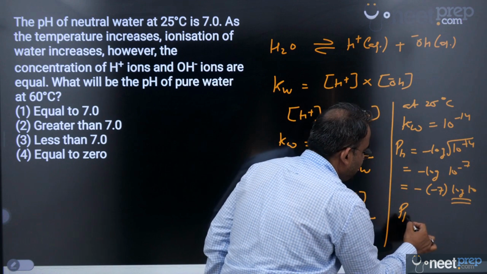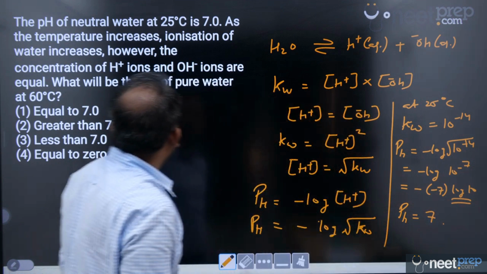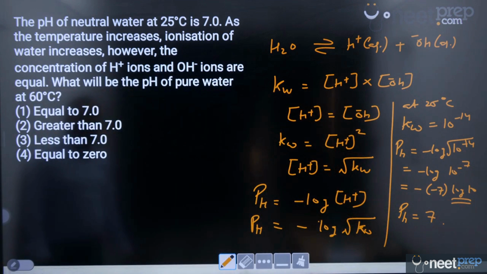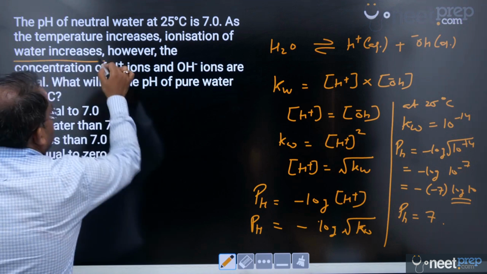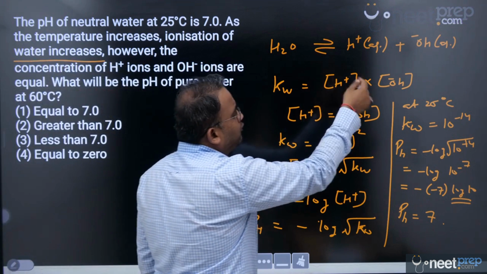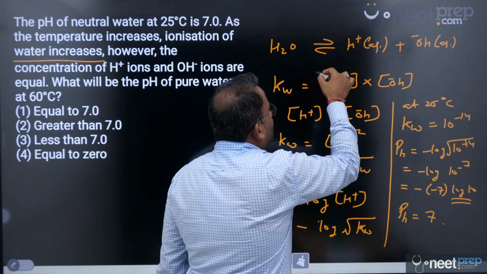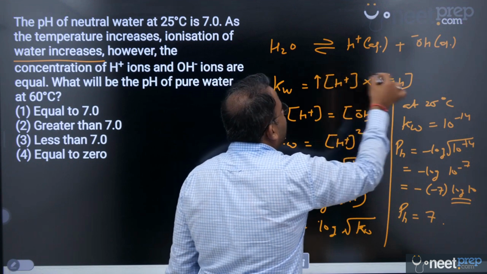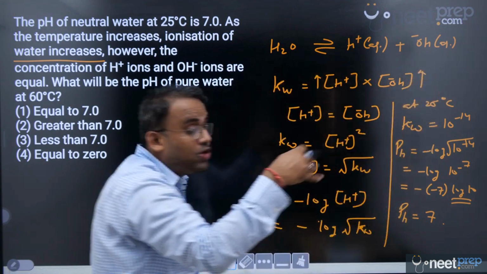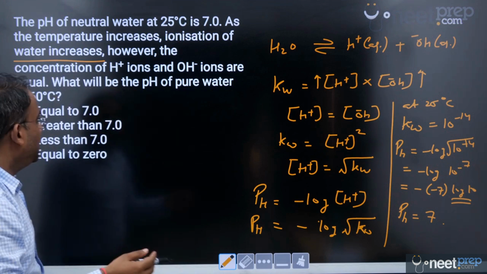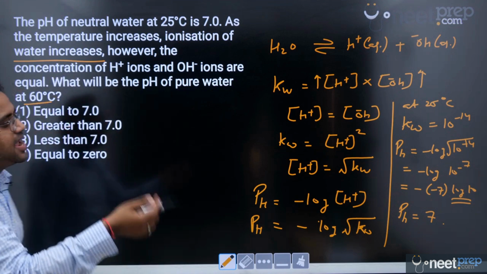So my pH is 7. Now the problem says with increase in temperature, ionization of water increases. If ionization of water increases, both the concentration of H plus ion and OH minus ion will increase, both. So at 60 degrees Celsius, what can I expect?